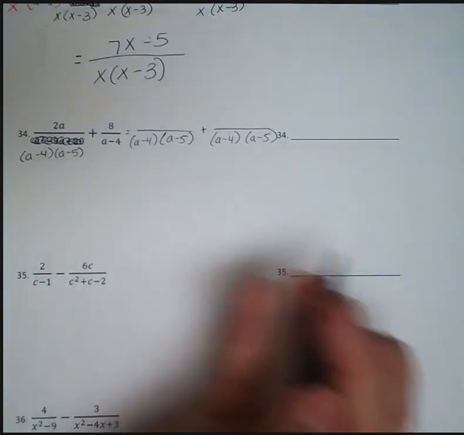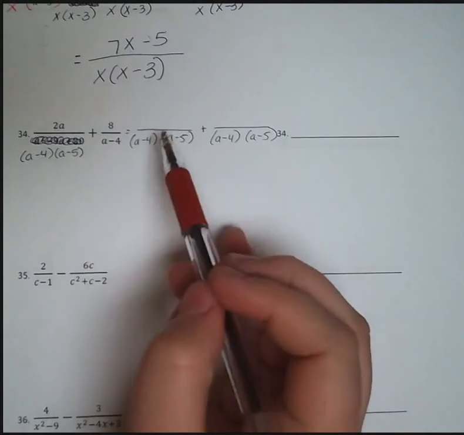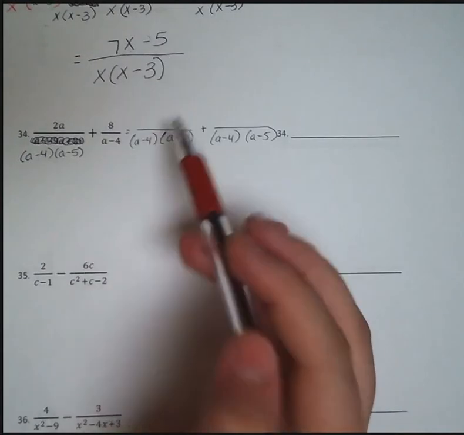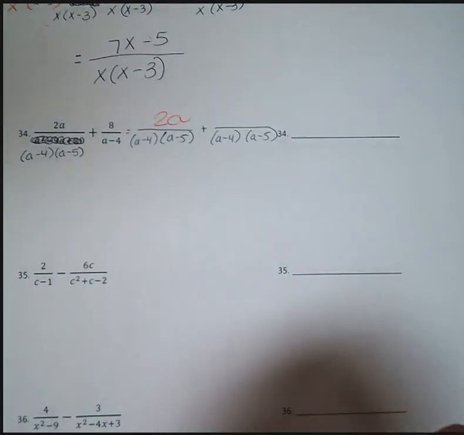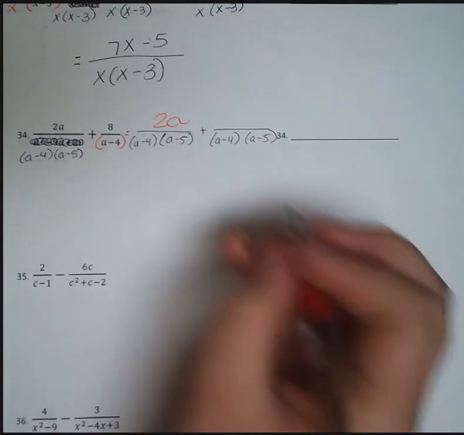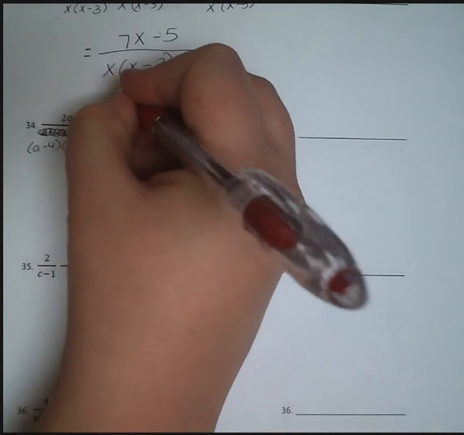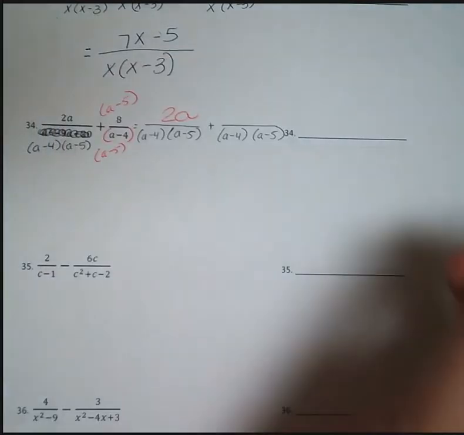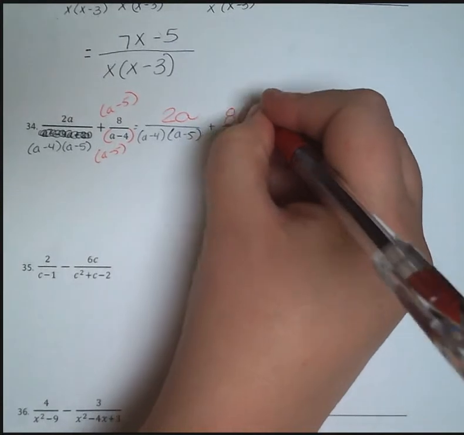For this first fraction, it has the a minus 4 and the a minus 5 that we need, so we're just going to carry over that 2a. Then my a minus 4, all it's missing is the a minus 5, so what we're going to write here is 8 times a minus 5.